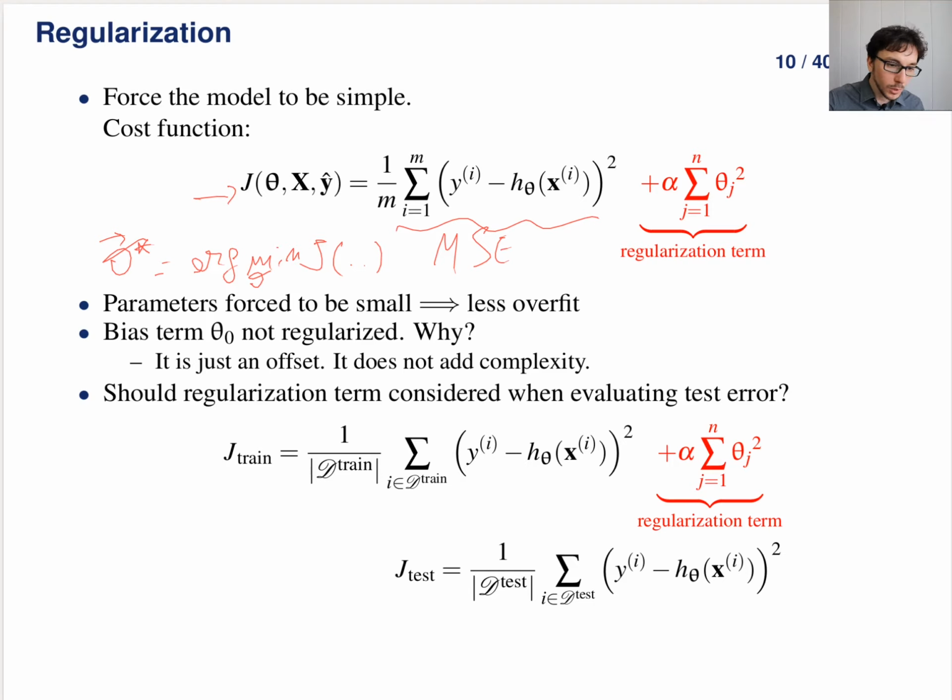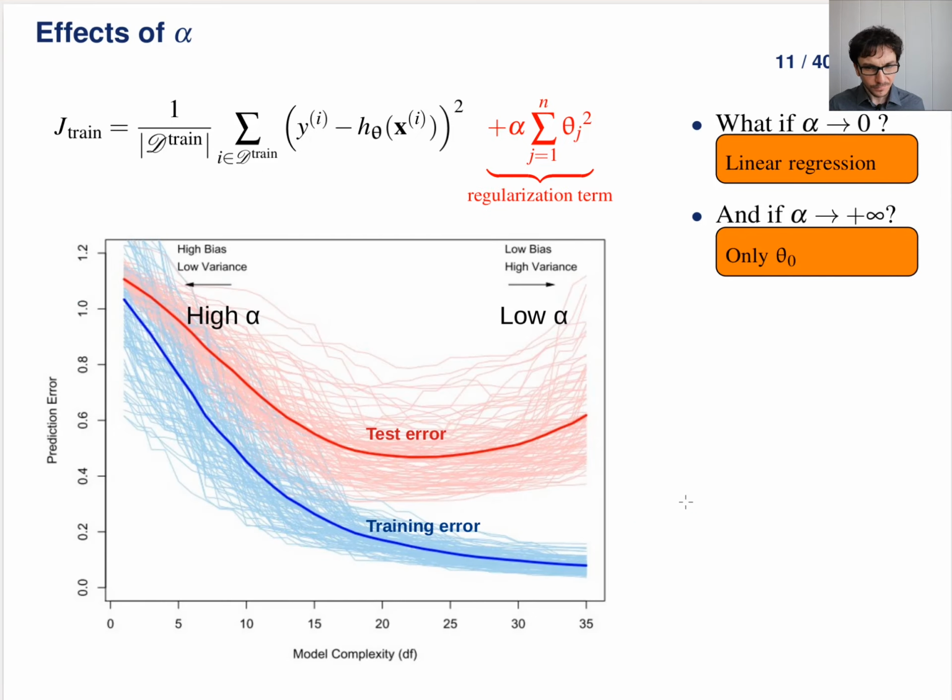Of course, you will use the modified loss function only during training, while during test you will just use the error term, the mean square error in this case. So regularization is only useful during training to avoid overfitting, but then during test the error you compute is always the same as before.